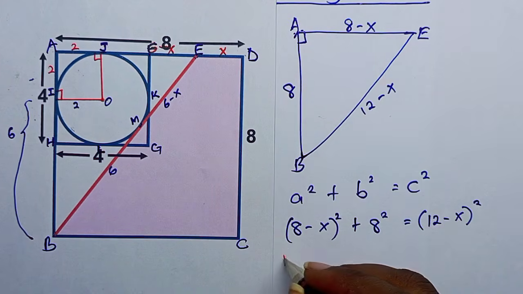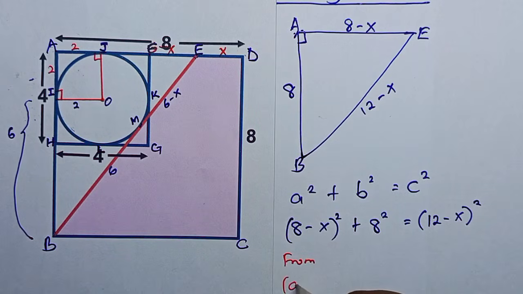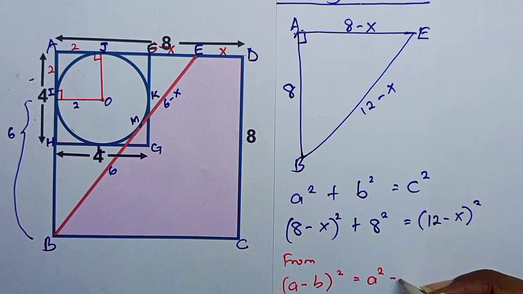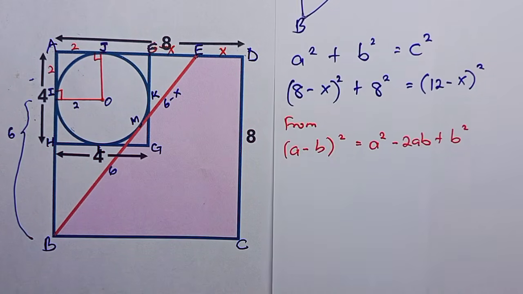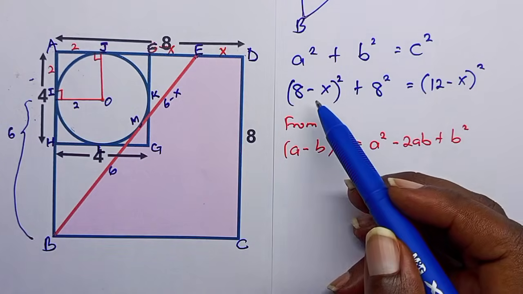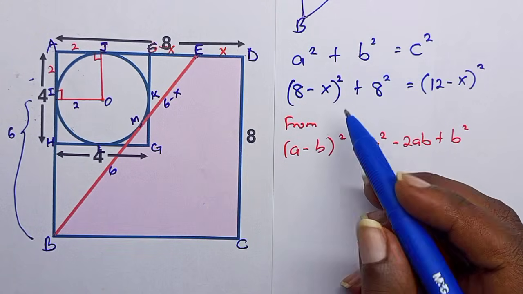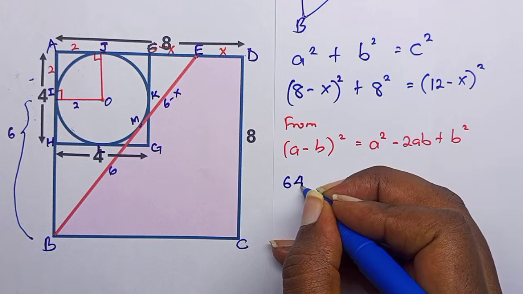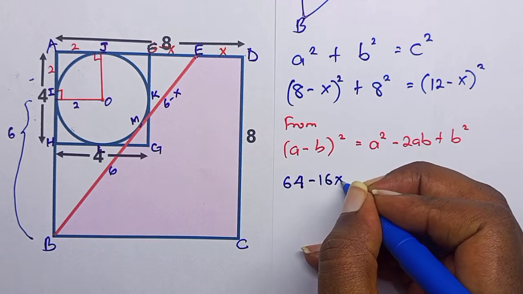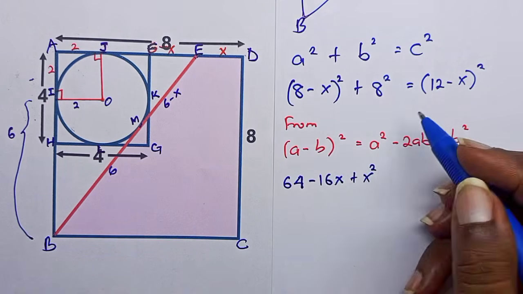But from the identity (A minus B) squared being equal to A squared minus 2AB plus B squared, this here will become 64 minus 16x plus x squared.